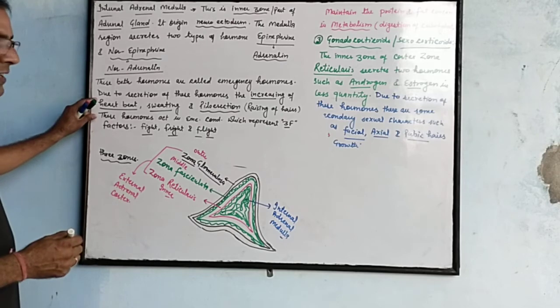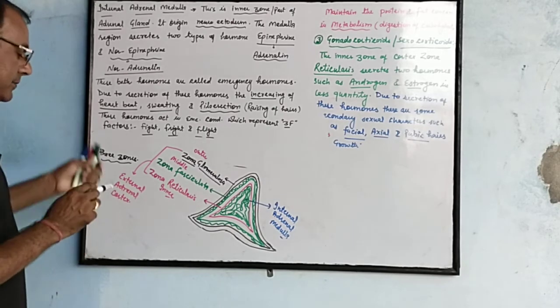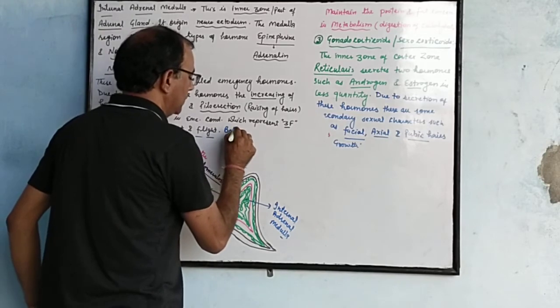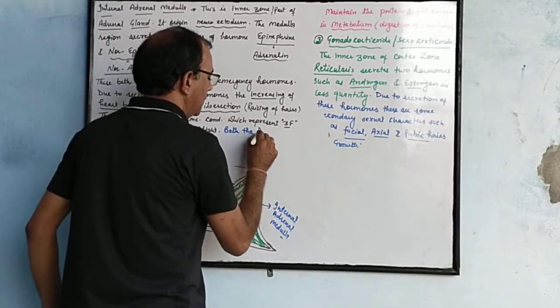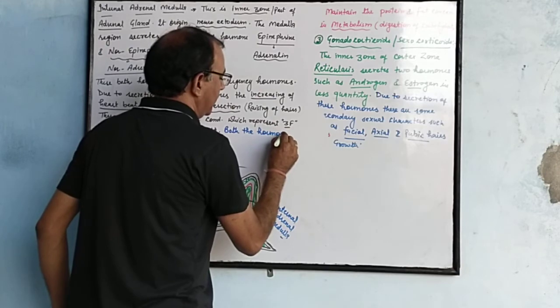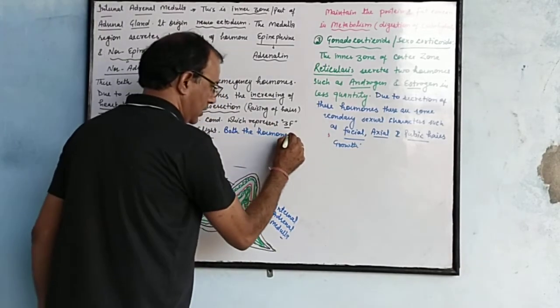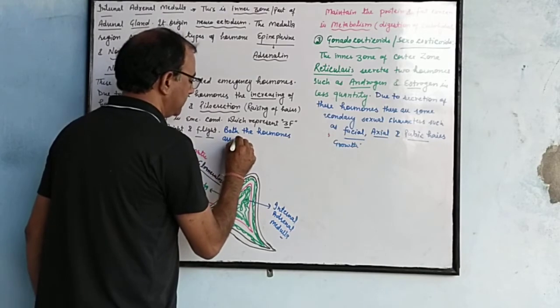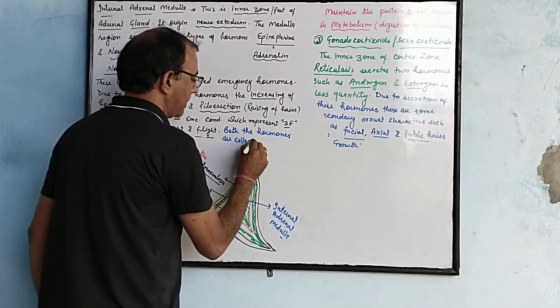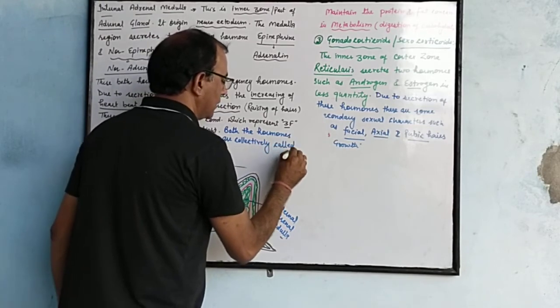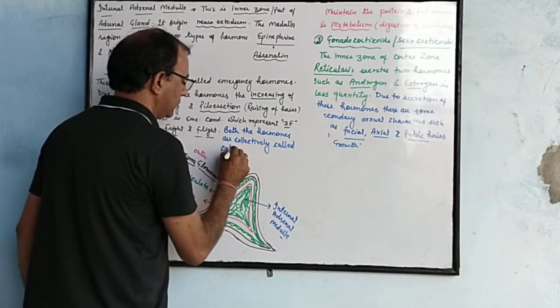Both hormones, epinephrine and norepinephrine, are collectively called catecholamine.